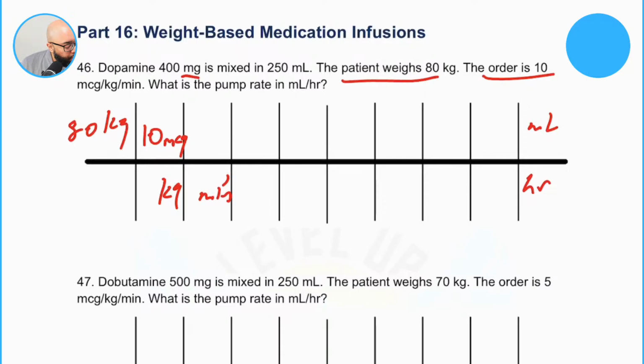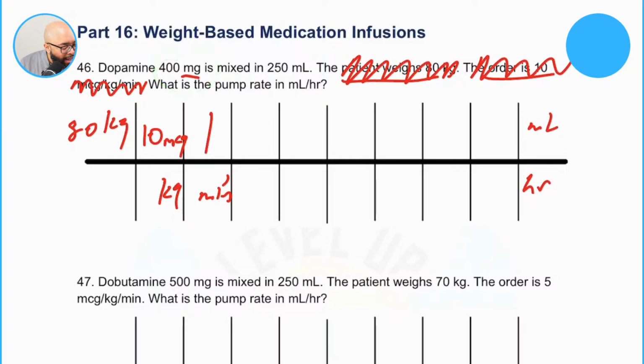So this is the way you would write 10 micrograms per kilogram per minute. Now, I'm just going to put a 1 there to fill that spot. So I've now used my 80. I've used my 10 micrograms per kilogram per minute.